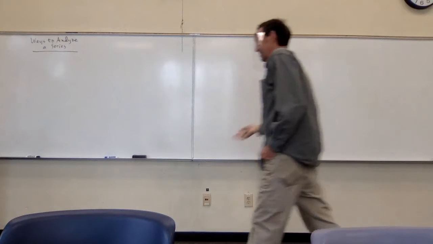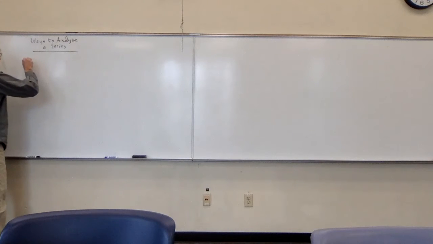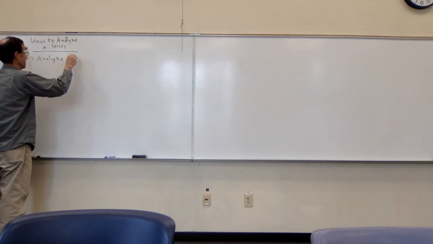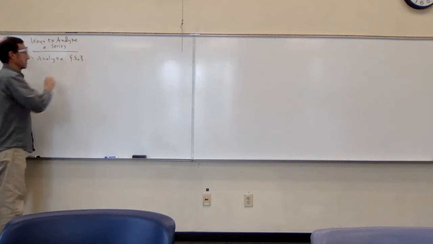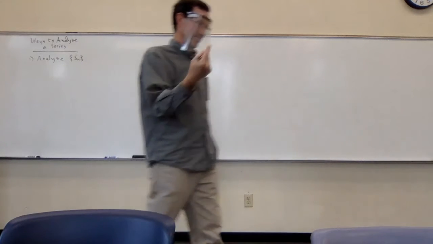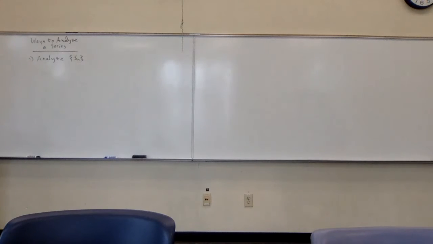Right now, it's not a very long list. But we're able to get some progress, and that is we're able to analyze the sequence of partial sums. We did it for geometric. We could find a formula for S, and then we could take the limit.